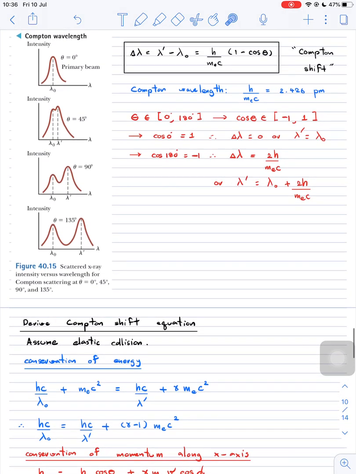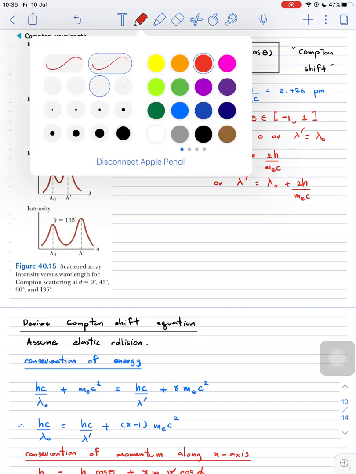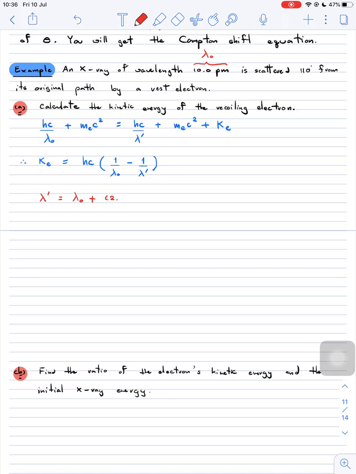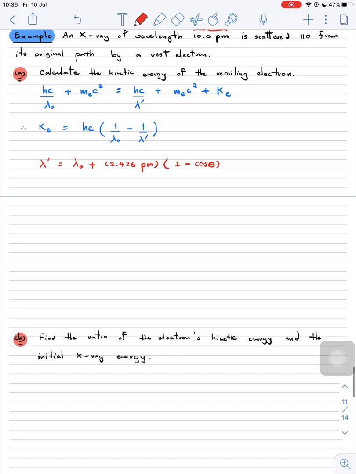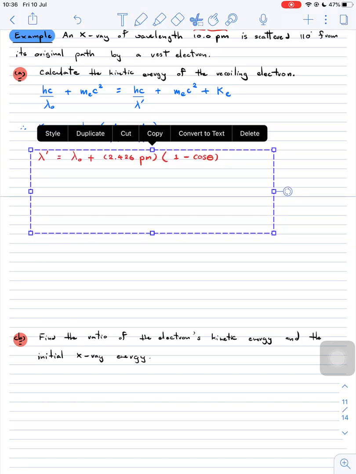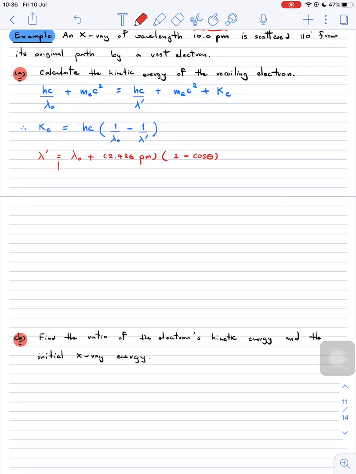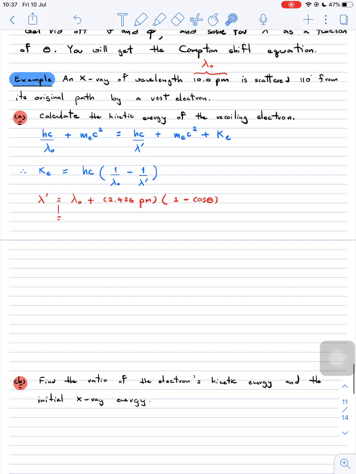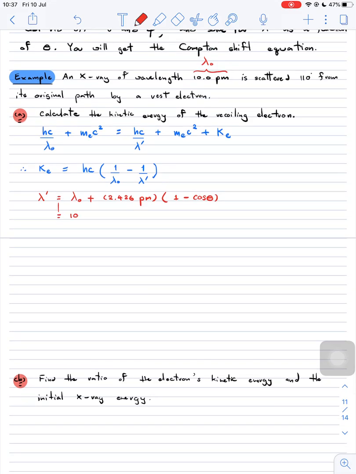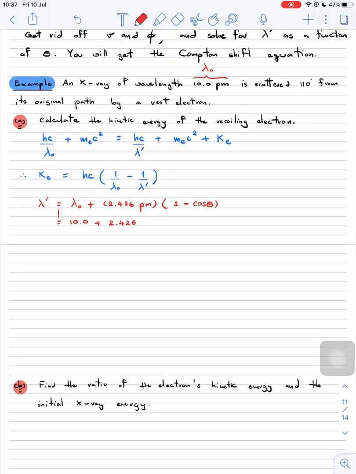The Compton wavelength is just 2.426 picometer, times 1 minus cosine theta. So now let's plug in the numbers. Lambda naught is 10.0 picometer, plus 2.426 picometer, and let me neglect the unit, times 1 minus cosine of 110 degrees.